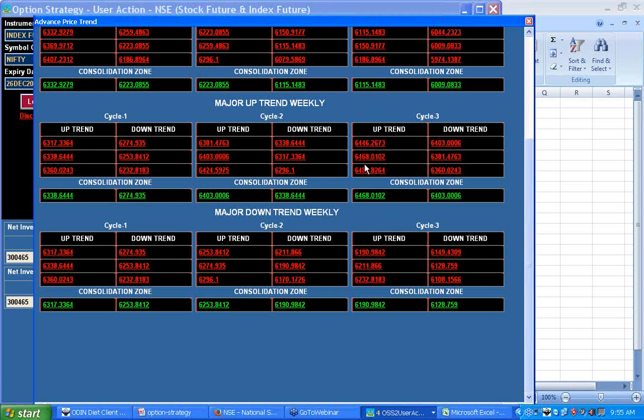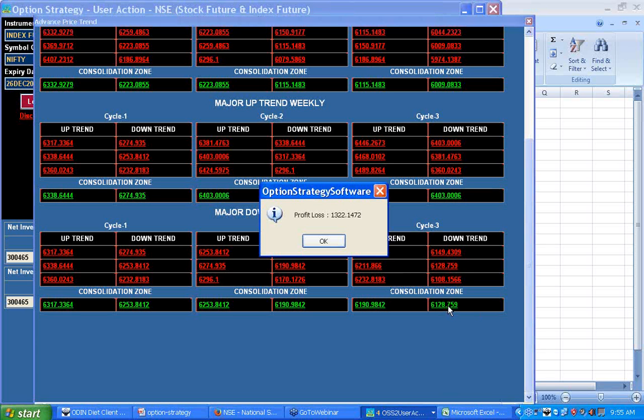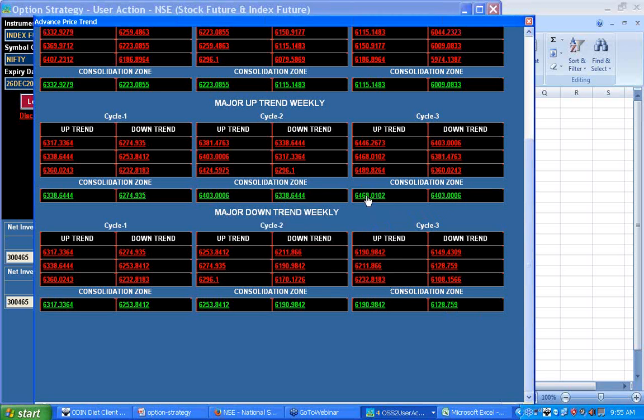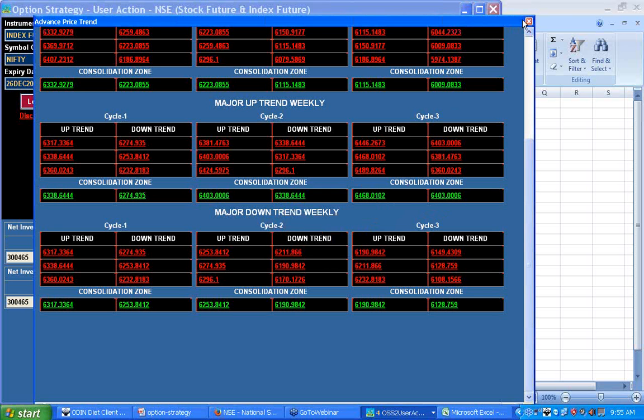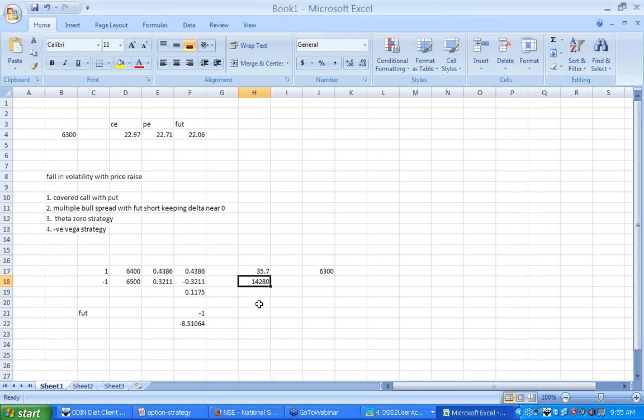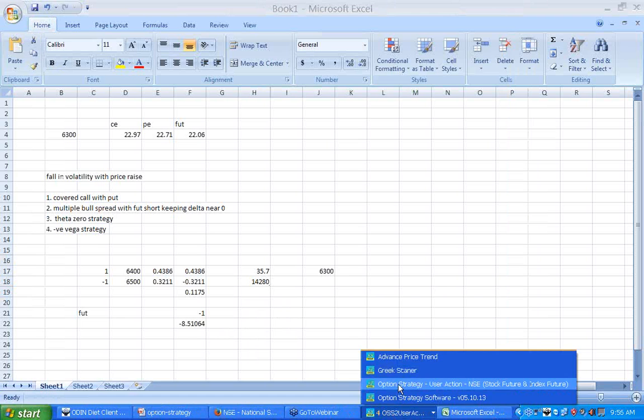For the coming week, because it is a weekly from this Friday to the coming Friday, we are expecting a maximum of 6468 or a minimum of 6128. At the 6128 level, 1322 will be your profit, and also 1336 rupees is your profit.